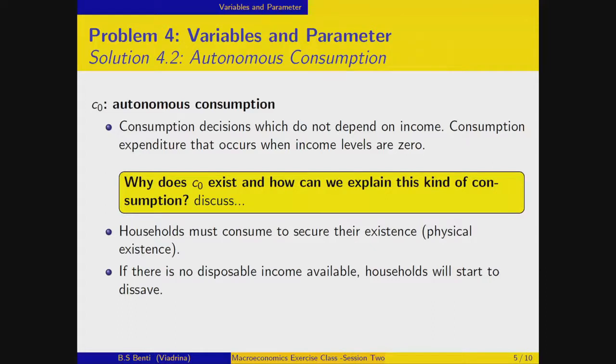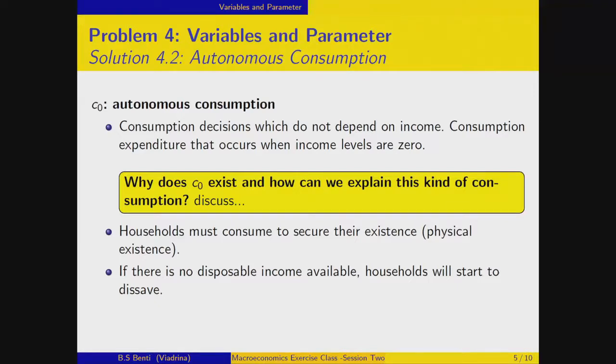As I said, if somebody doesn't have any income, he has to eat, he has to drink, and he has to physically survive. So to secure their physical existence, households must consume, and this consumption is referred to as autonomous consumption.